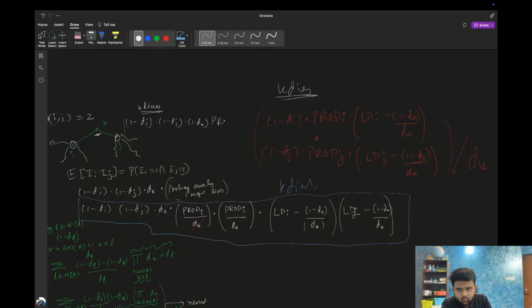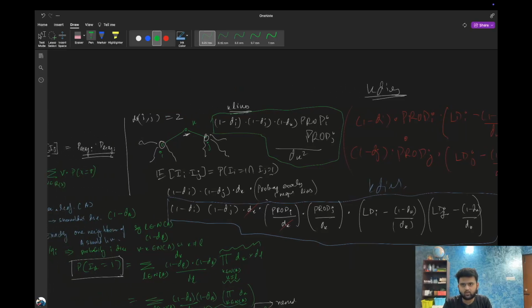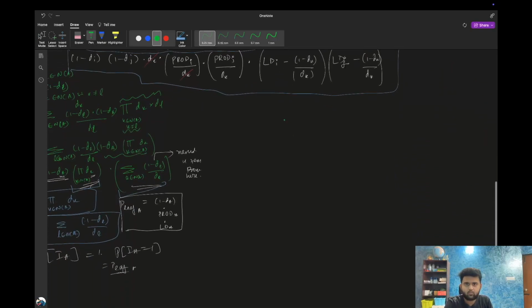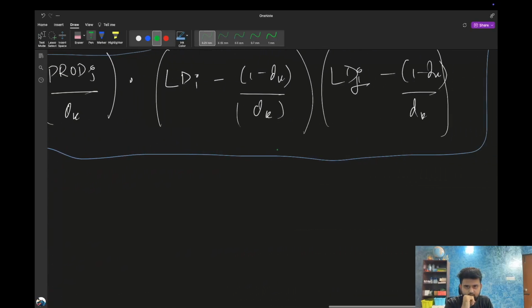So you have prod I, prod j divided by dk square. So now we finish with the case when distance equals 2. Since this was the most complicated case, now we'll just move on to probability when the distance is 1.